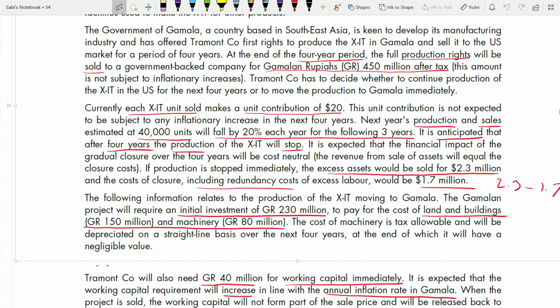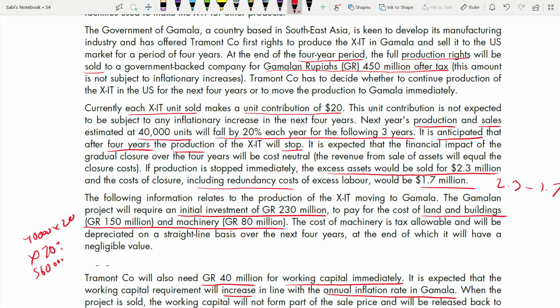And on this you have to take 70% because after tax is 30%. So after tax it will be 70% you have to take. So it will be 40 into 20 into 70%, which will be 560,000.